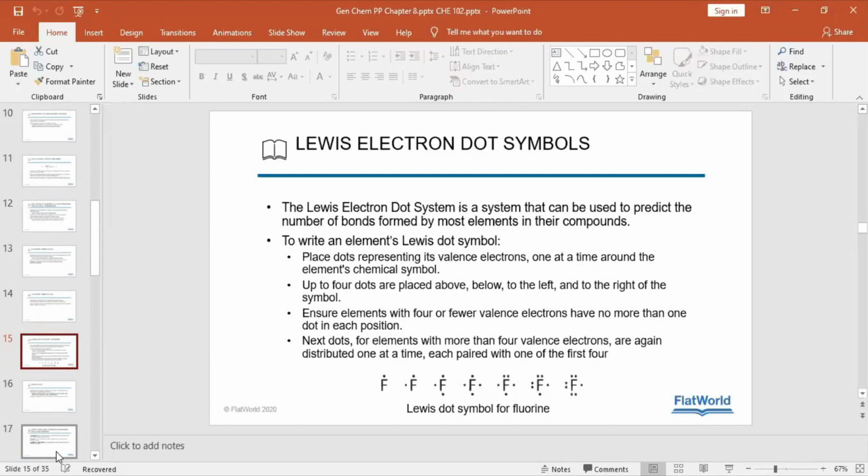In chapter 8 and chapter 9, just knowing about bonding would not be enough to understand the concept of chemical compounds. Nowadays, chemical compounds are not just defined by what type of bond they have. They are more defined by the geometry of the molecule.